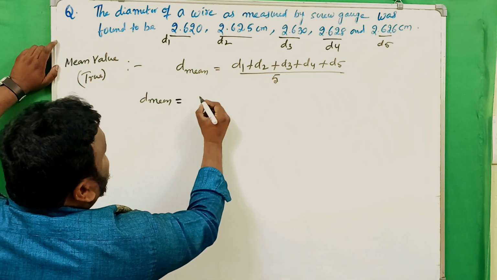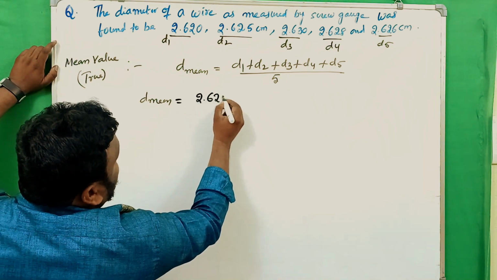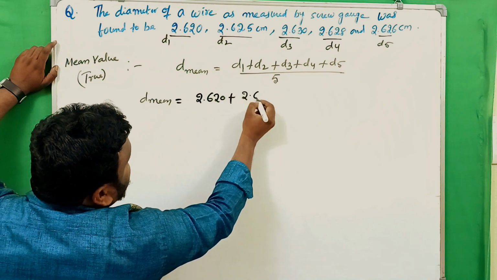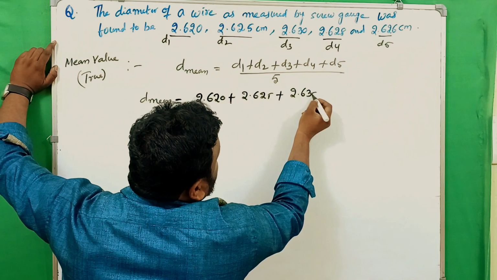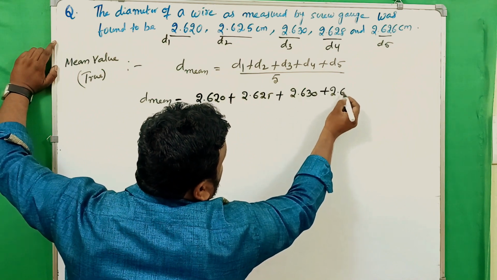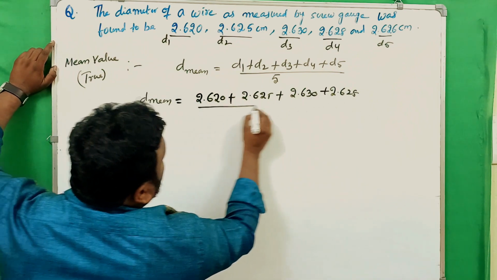Then D mean is equal to 2.620 plus 2.625 plus 2.630 plus 2.628 plus 2.626, divided by 5.